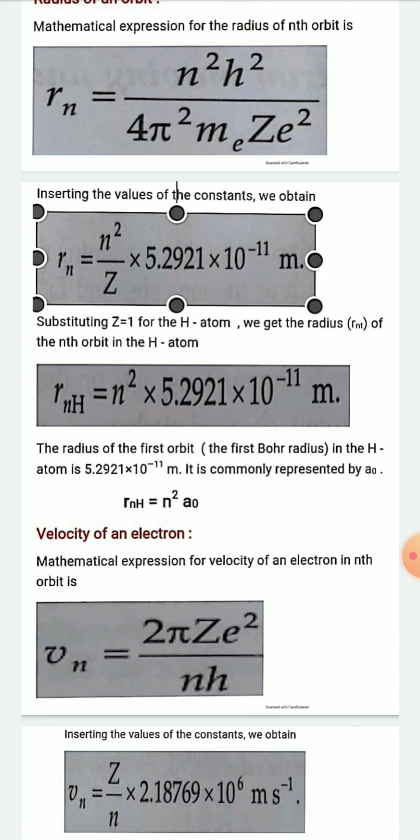In meters, the value of the radius of the first Bohr orbit is 5.2921 into 10 to the minus 11 meter. And this value is represented by a0. So you can write r_n for H is equal to n square into a0.